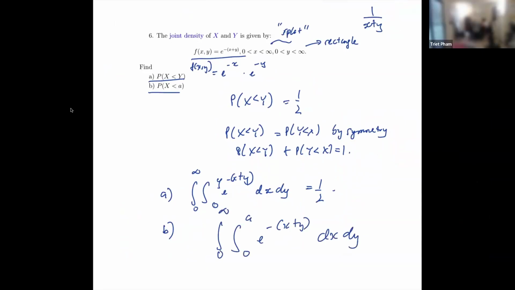But if you notice that it splits, the e to the minus y can come out here. And e to the minus y is the density of an exponential 1. So basically, the answer here is just the integral from 0 to a of e to the minus x dx, which is the probability of an exponential 1 being less than or equal to a. It is 1 minus e to the minus a.